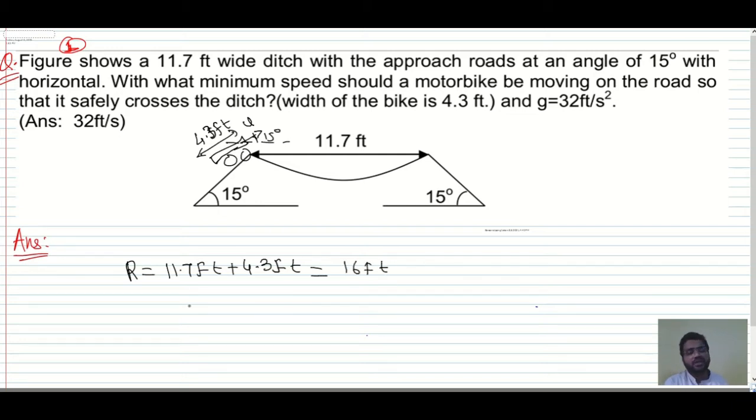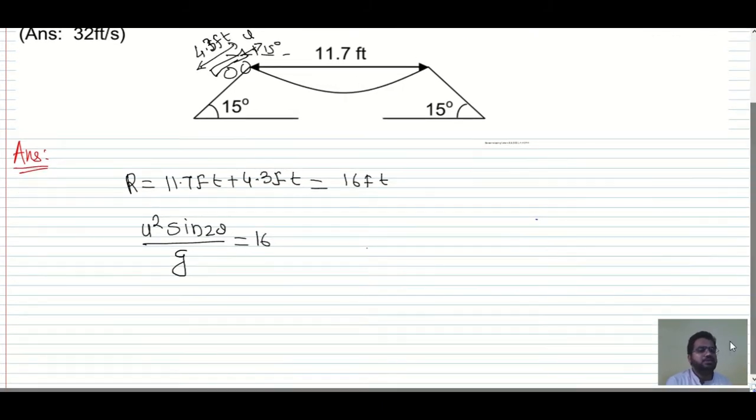If the range is this one, what is the range formula we have? It is u squared sine 2 theta divided by g is equal to 16 feet. Now the g value in terms of feet is 32, so u squared into sine 2 theta, which is sine 30 degrees, divided by 32, is equal to 16.